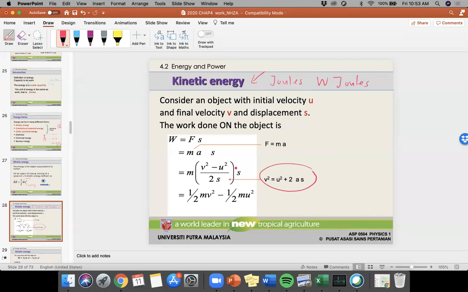So just rearranging this whole thing to become (v squared minus u squared) over 2a equals 2s equals to a. So I'm just plugging in this guy over here. This gives me 1/2 mv squared minus 1/2 mu squared. So this guy is the final velocity. This guy is the initial velocity. So this gives me final kinetic energy minus initial kinetic energy.